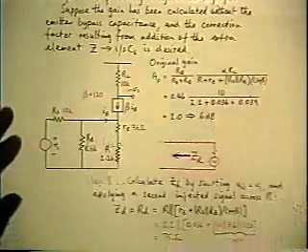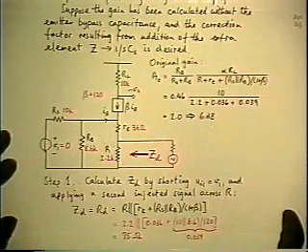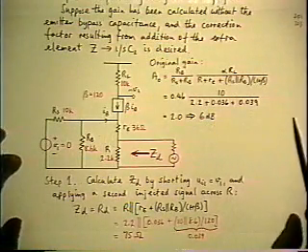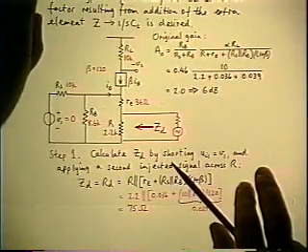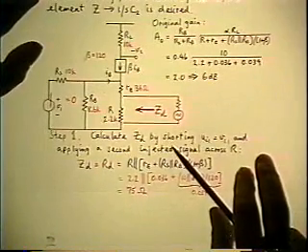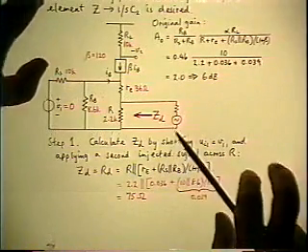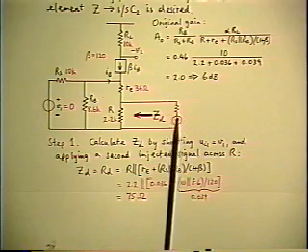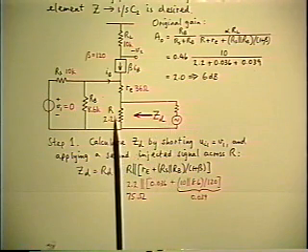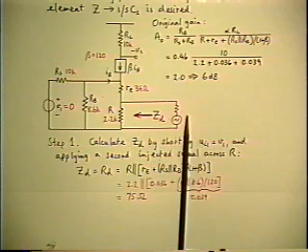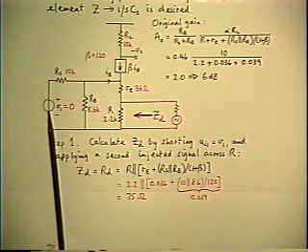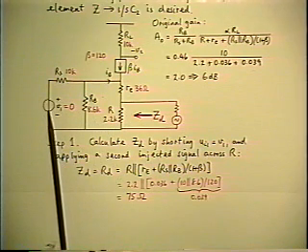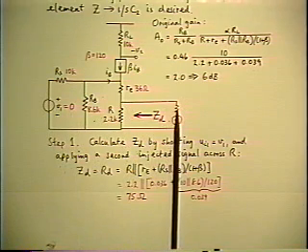So the first thing we have to do is calculate ZD, one of the two. Okay, ZD is the driving point impedance found by applying a second external input with the first input 0. V1 is 0, so this is single injection.